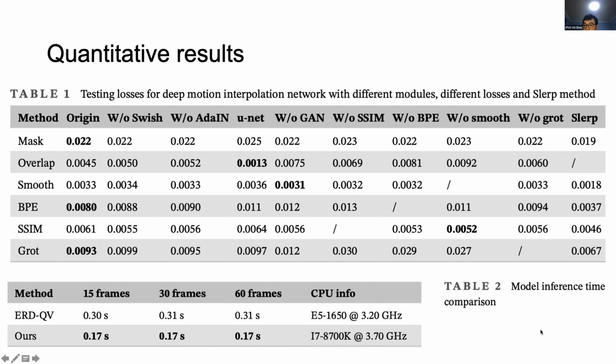The inpainting length is set to 15, 30, and 60 frames, and we record the CPU model inference time. Our model could generate transition frames within a single forward inference. Thus, the computation time is frame independent and could reduce computation time for interpolation.